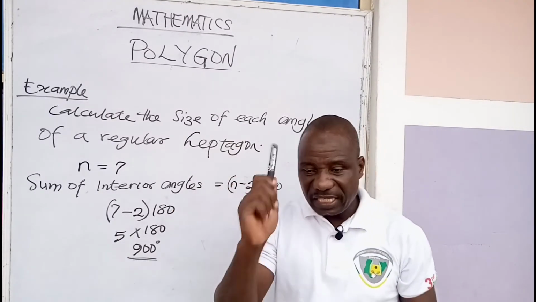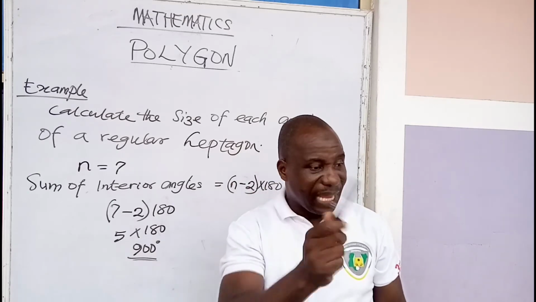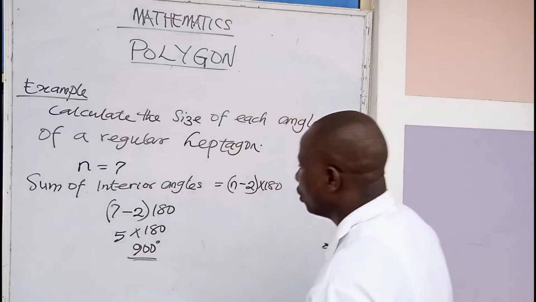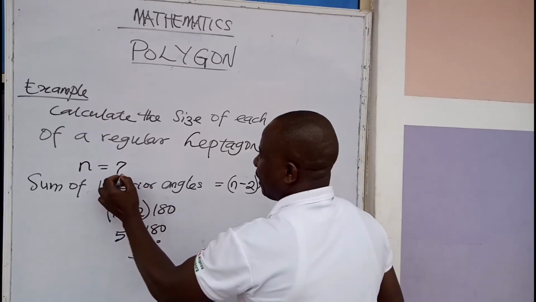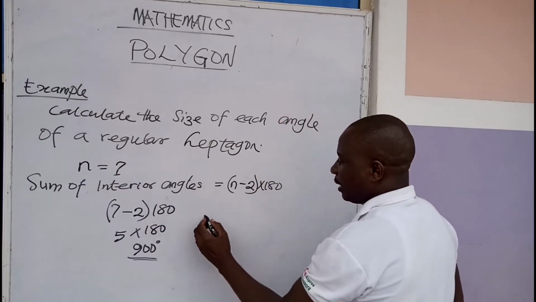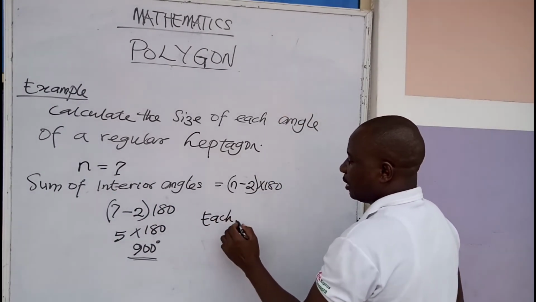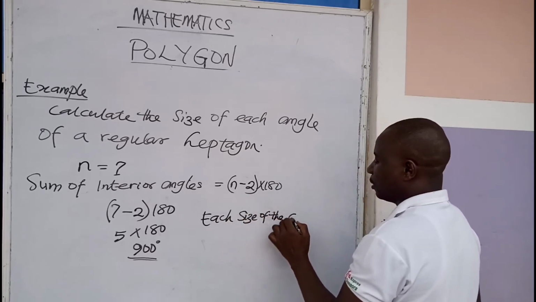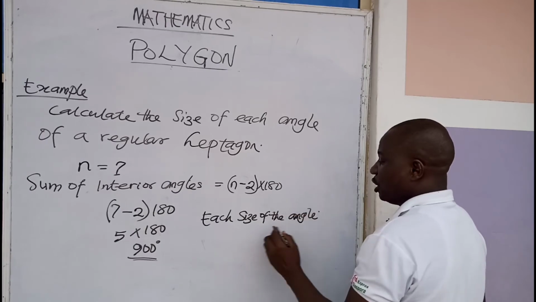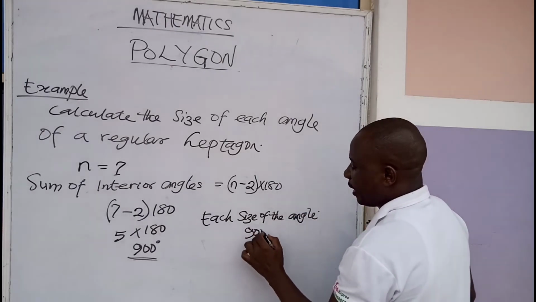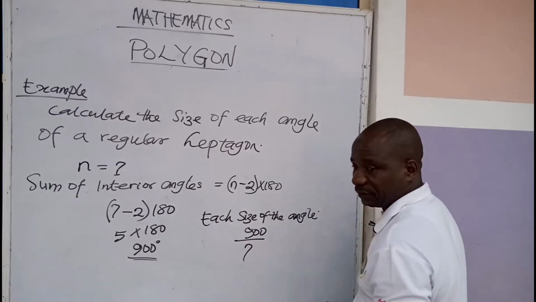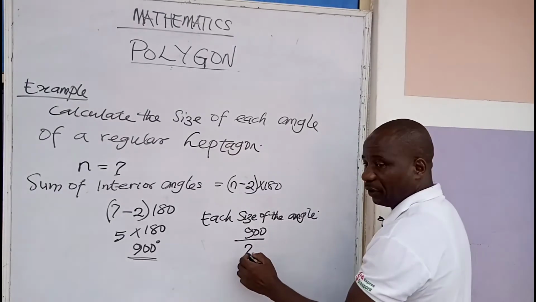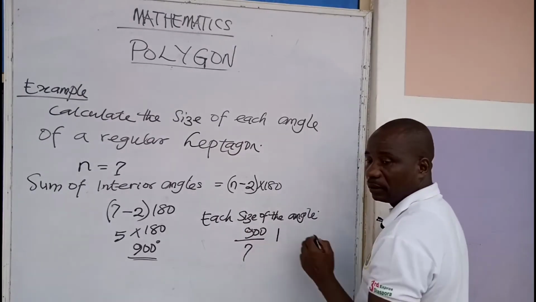Now they say we should find each angle of the polygon. How many sides is that polygon? 7. So each angle is equal to 900 over 7. 7 in 9, 1.